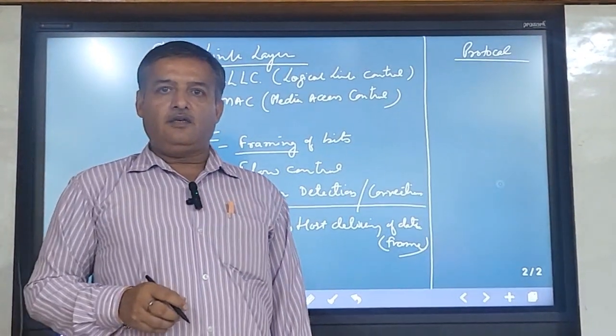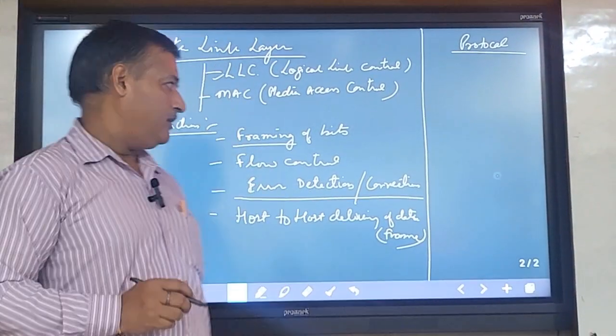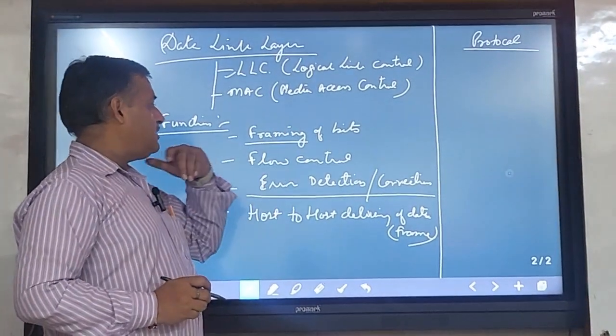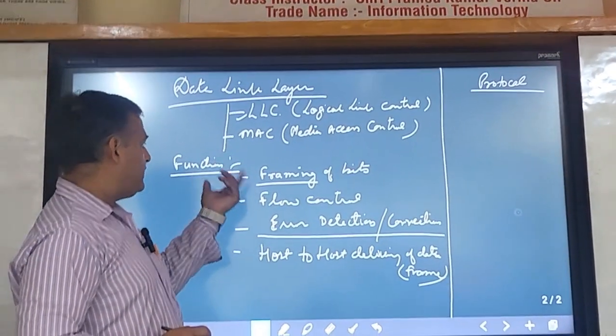These four are the functions of a data link layer. As I already told you, framing is a function of the data link layer.